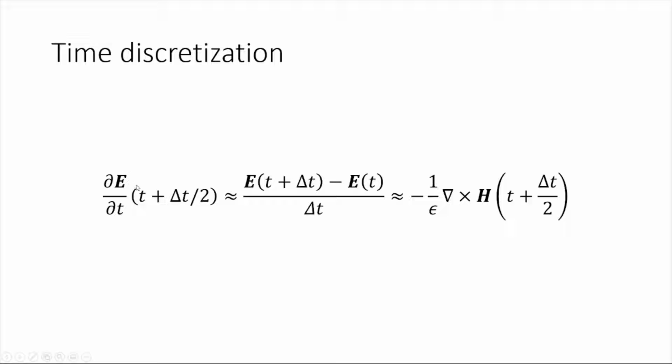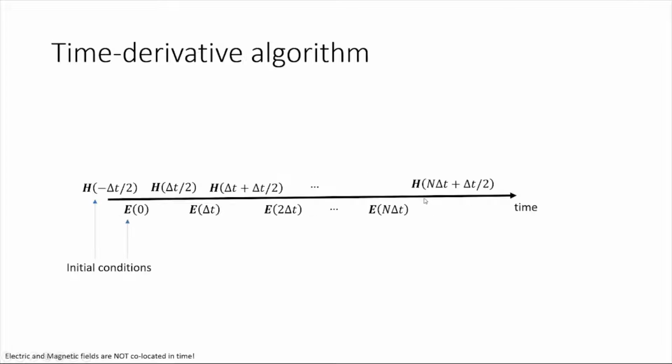Our derivative of E at t plus delta t over 2, because it's centered now at the half time step, is equal to E at t plus delta t minus E of t, and that's going to be equal to your curl of h at t plus delta t over 2, because this derivative is centered there. So this is actually quite self-consistent.